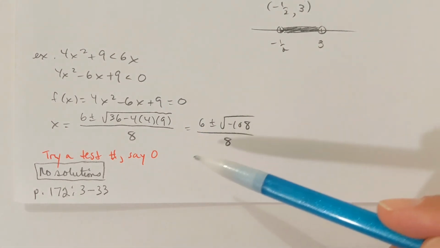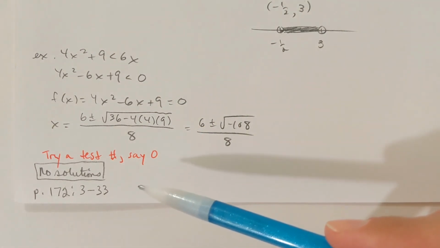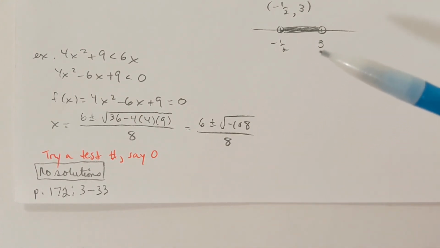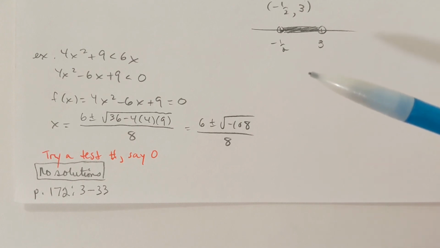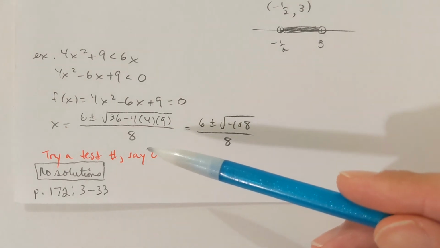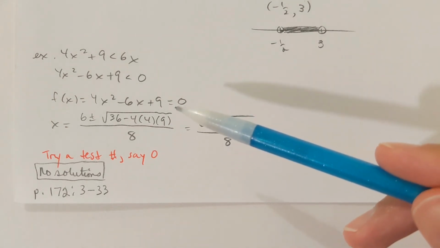And so in that case, I would write all real numbers as the answer. Meaning that any number that I select is going to be a true statement. In the previous situation, any number that I select is going to produce something that's false.